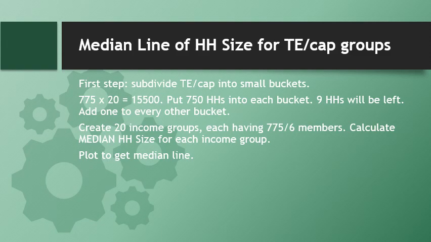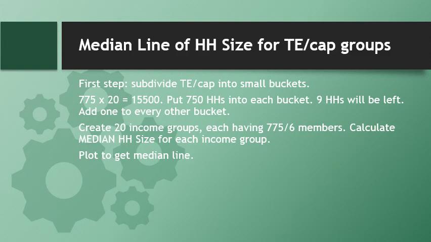And what we would like to do is to keep each bucket of roughly the same size. So there are about 15,500 observations. So if I want to create 20 buckets, I will put 775 people into each bucket. So suppose I sort the data by total expenditure per capita in sequence and put 775 households in each bucket.